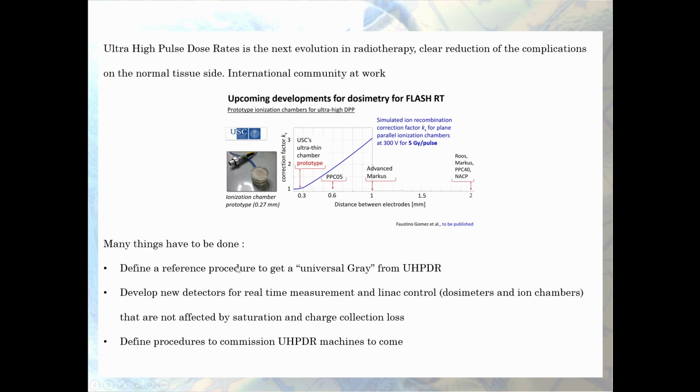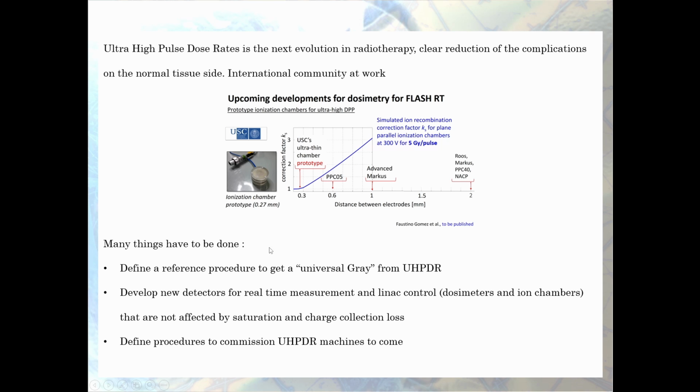First, you need to define a reference procedure to have a gray, but in high dose rate conditions. What is a gray? How can you, from different laboratories in the world, define a common gray all over the world?